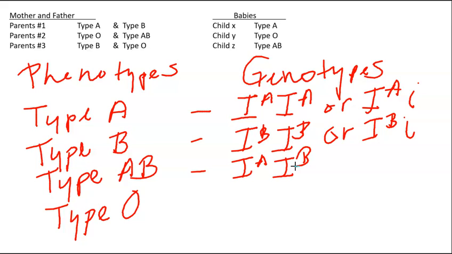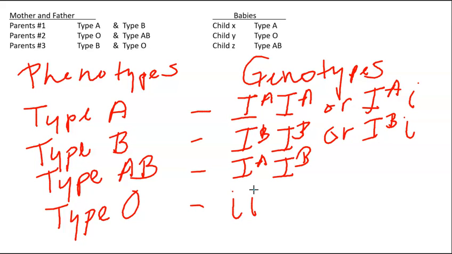Okay, so those are the two alleles that make up the genotype for type AB blood. Now type O is homozygous recessive, and that is represented by the two lowercase letters i. Okay, so those are the phenotypes and genotypes for your blood types, and you can find this in your book.